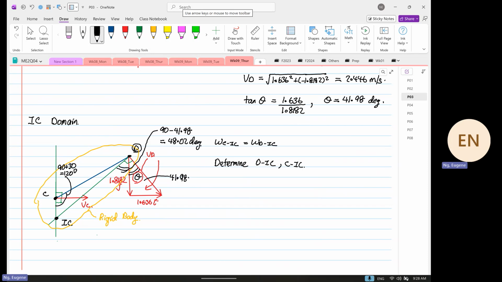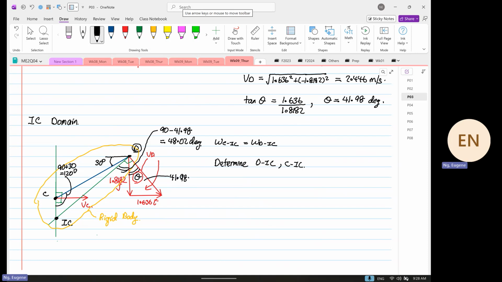Okay, so what else can I know? We know this angle down here is also equal to 30 degrees.